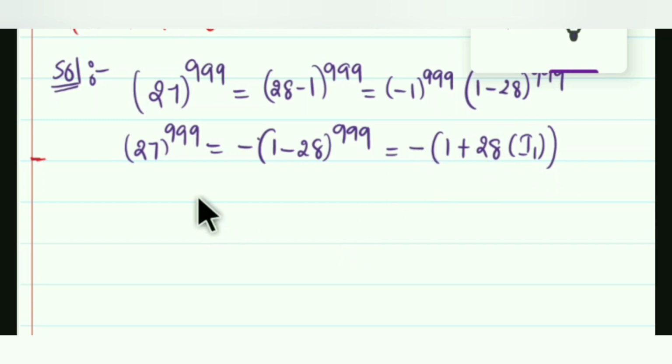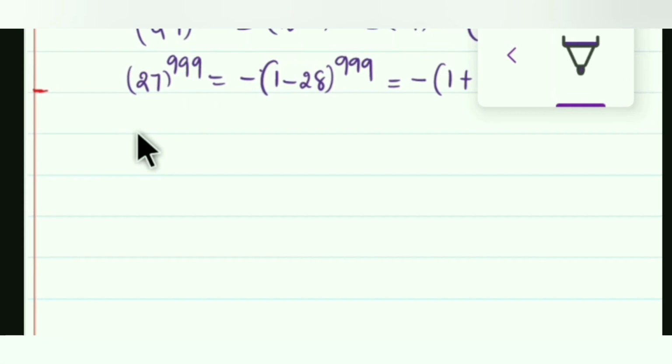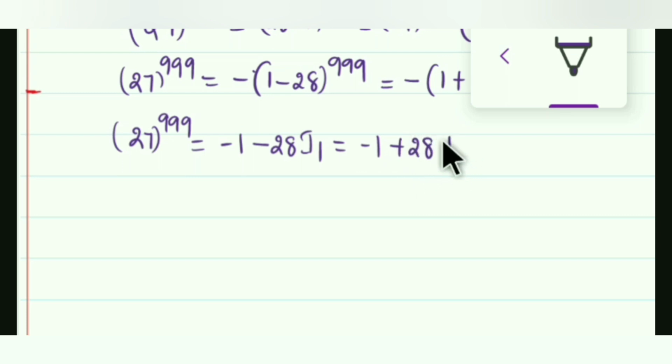Next, let me send the minus inside. If I send the minus inside, I will be writing 27 to the power 999 equals minus 1 minus 28 times I1. See here, minus times an integer will be again an integer. So minus 1 plus 28 times another integer, I2, suppose, because the minus is also multiplied with that integer.